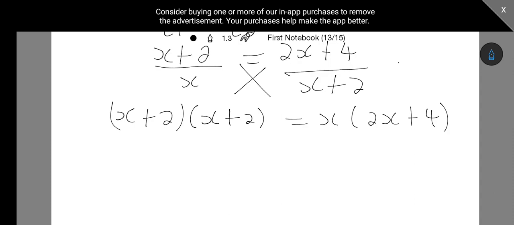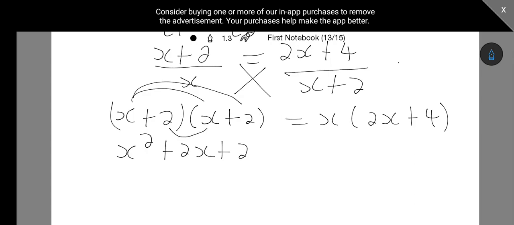Now, what is x times x? That is x squared. What is x times 2? That is positive 2x. What is 2 times x? That is positive 2x. And what is 2 times 2? That is positive 4.